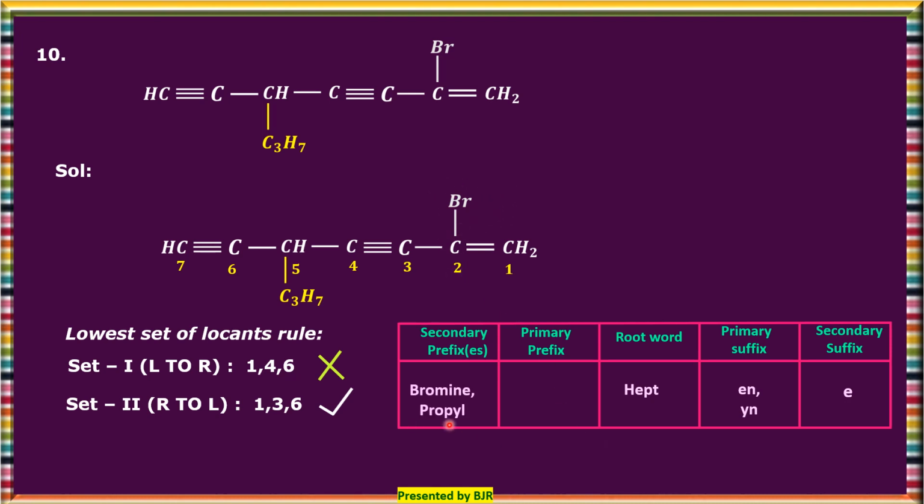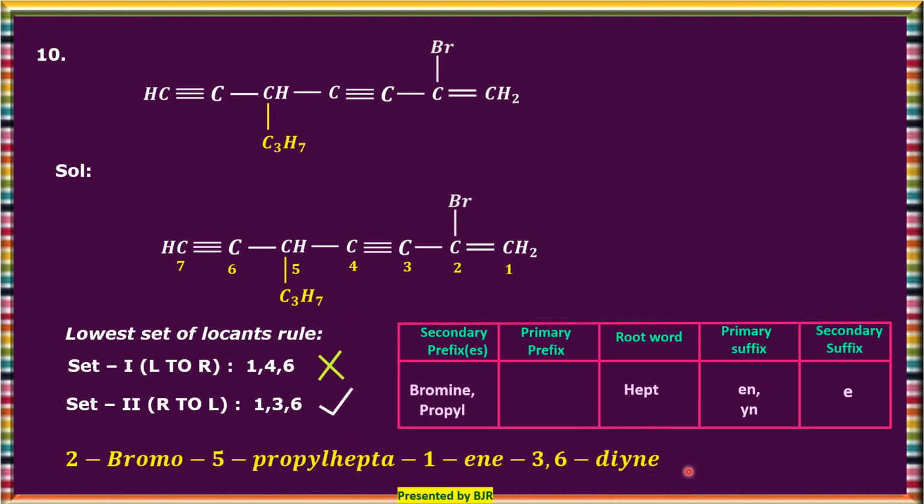Okay, so these are the substituents. You have to write the substituents according to alphabetical order. So bromine comes first. 2 bromo, 5 propyl hepta. A should be added to the root word. Why? Because two double bonds are there here, isn't it?